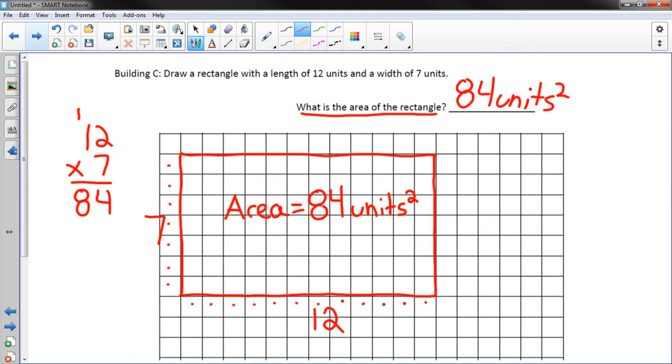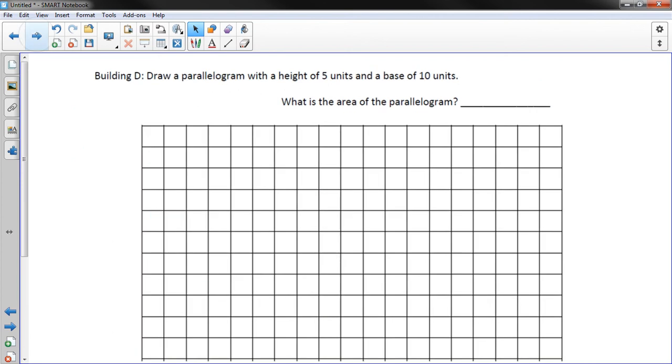Alright, building D. Draw a parallelogram with a height of 5 units and a base of 10 units. All right, getting a little more challenging here. Let's see. 1, 2, 3, 4, 5, 6, 7, 8, 9, 10.